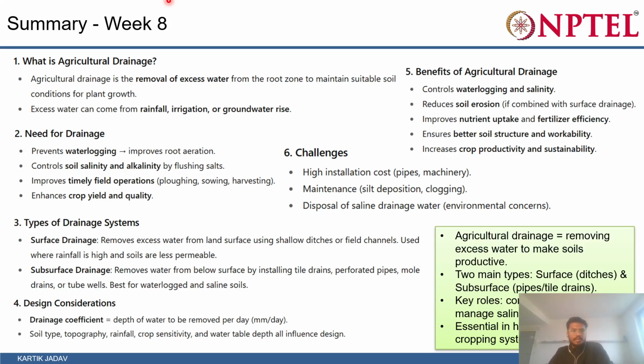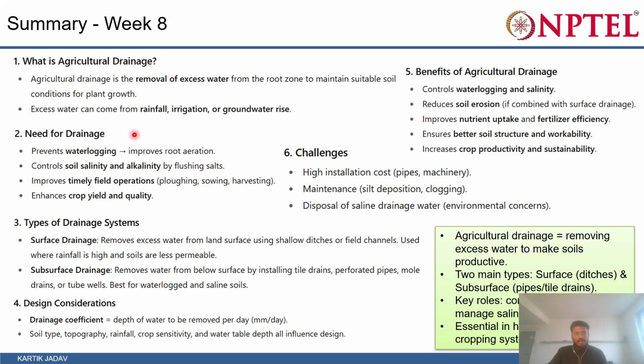Agricultural drainage is just the removal of excess water or salt from the root zone to maintain suitable conditions for plant growth. Excess water can come from rainfall, irrigation, or groundwater rising.